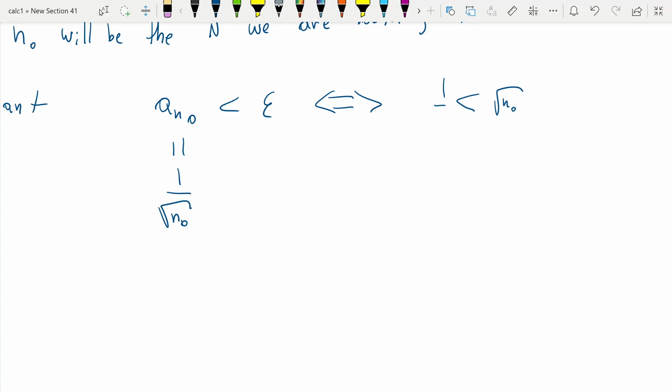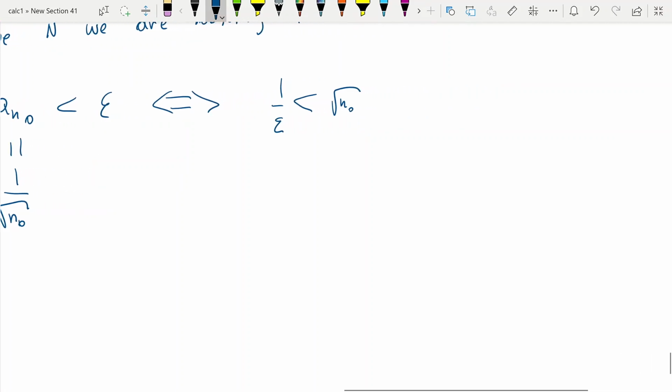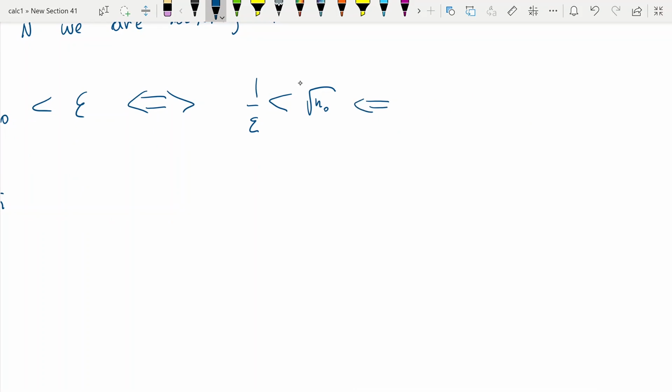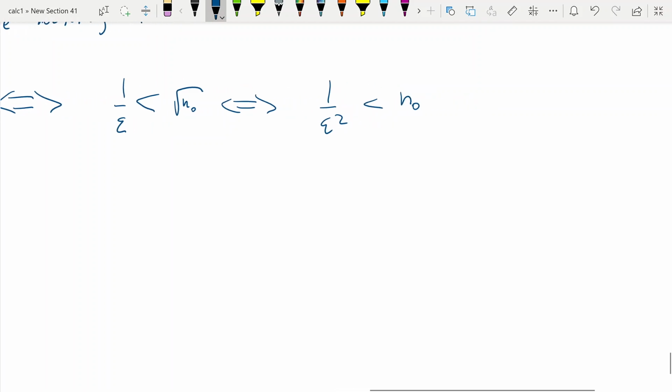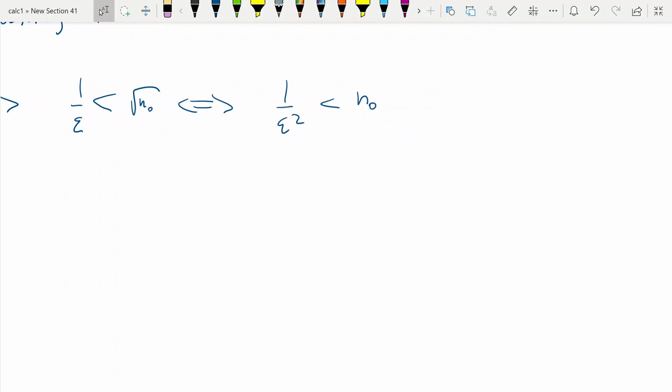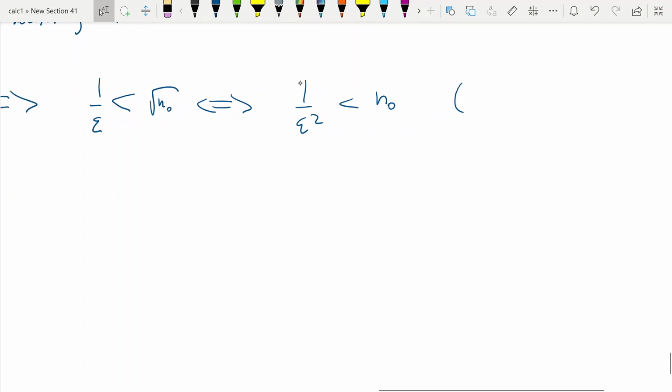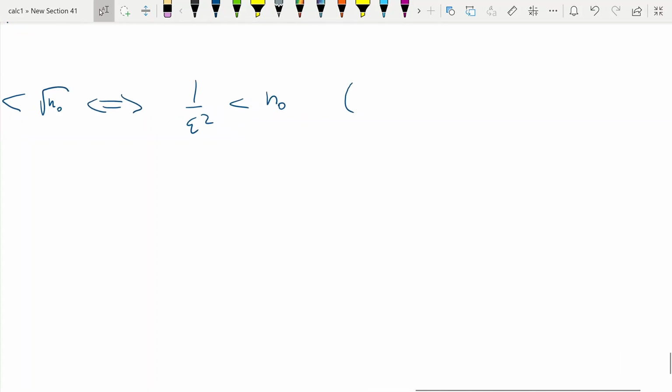And this again is equivalent to the statement that 1 over epsilon squared is less than n0. Why is this? Because the function x squared is increasing.